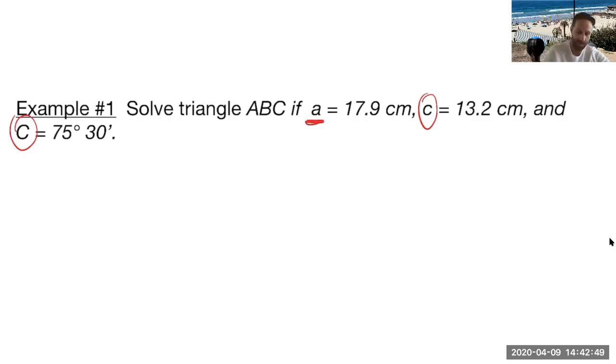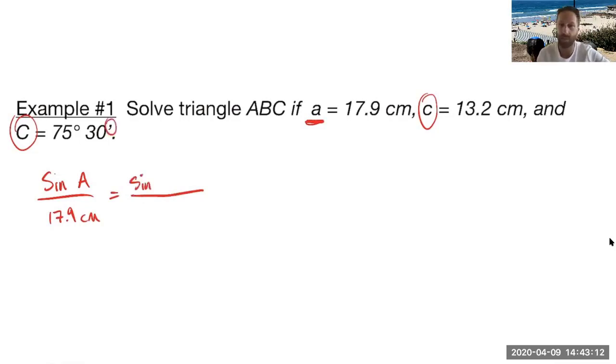And so what I'm going to set up here off to the side is the sine of A over little a, 17.9, in this case centimeters, equals, remember you just got to be consistent with these, sine of angle C. Now I don't like the minutes, hopefully you remember what that is. 75 degrees, 30 minutes.